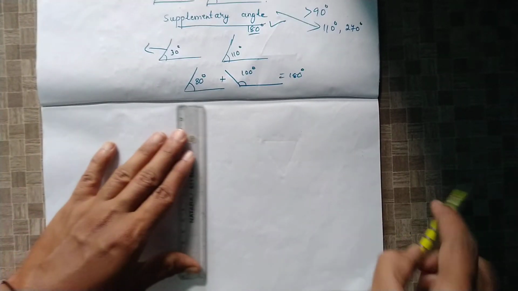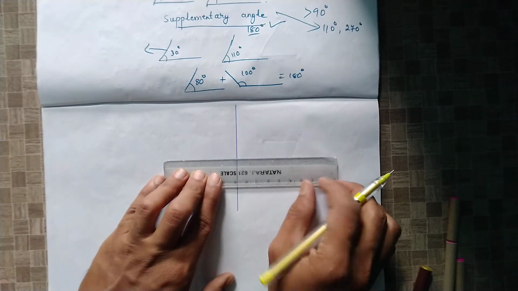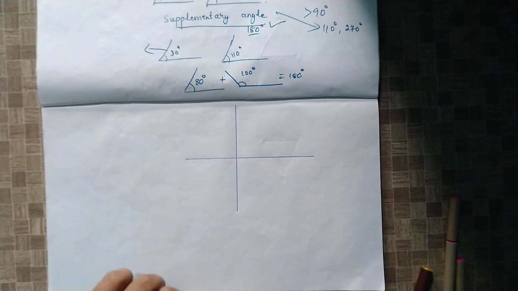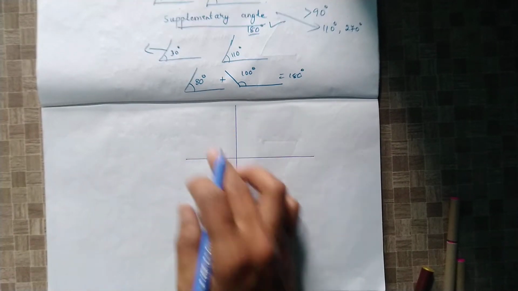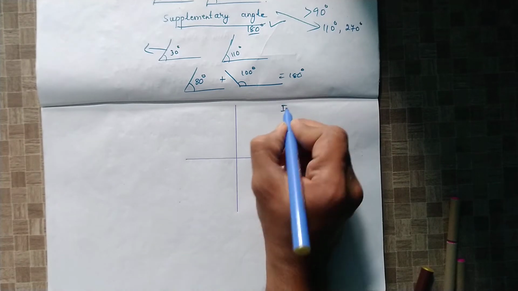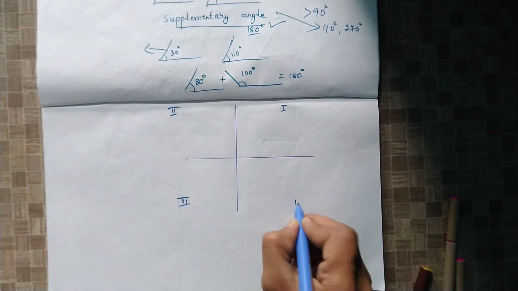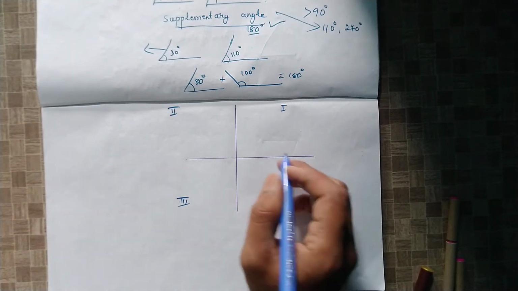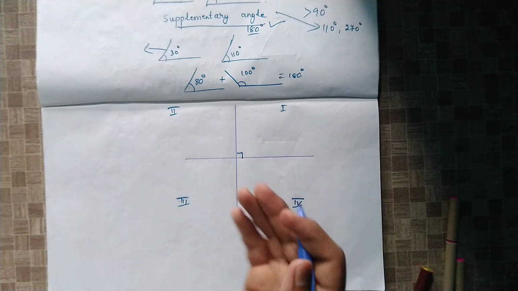Next, we draw an angle like this. This is called quadrants. This is the first quadrant, this is the second quadrant, this is the third quadrant, and this is the fourth quadrant in allied angles. In the first quadrant, all the angles are positive.